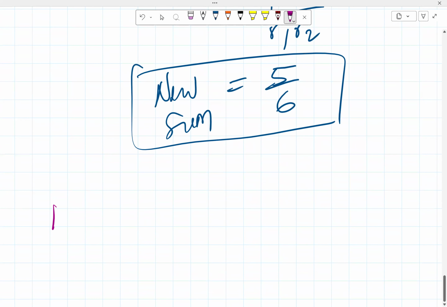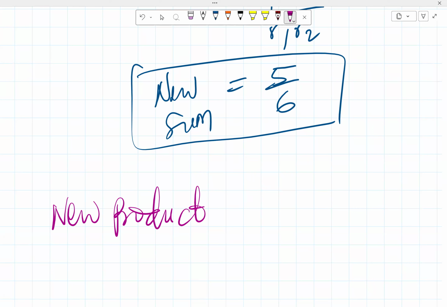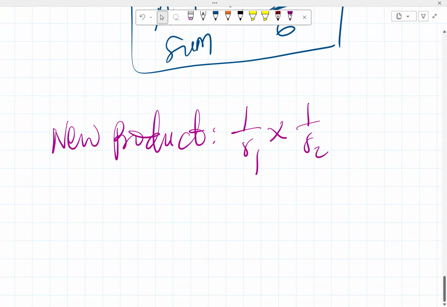Then we go for the new product. Oh, sorry, that's my bad. So the new product will be 1 over r1 times 1 over r2, and that is equal to 1 over r1 r2.